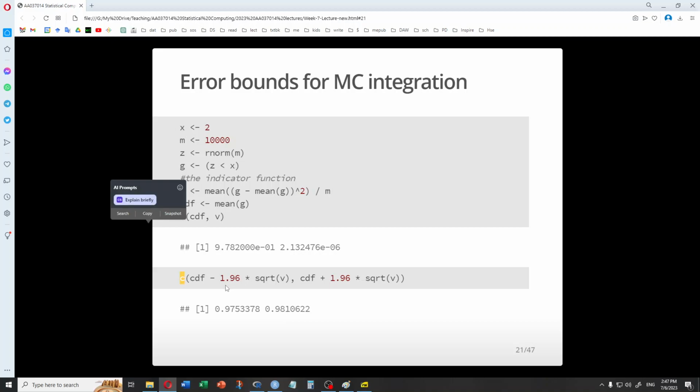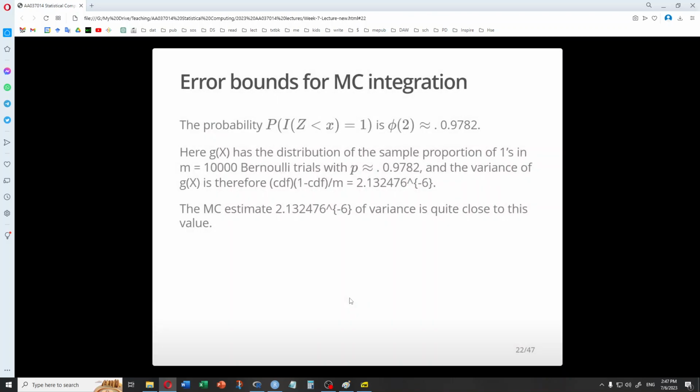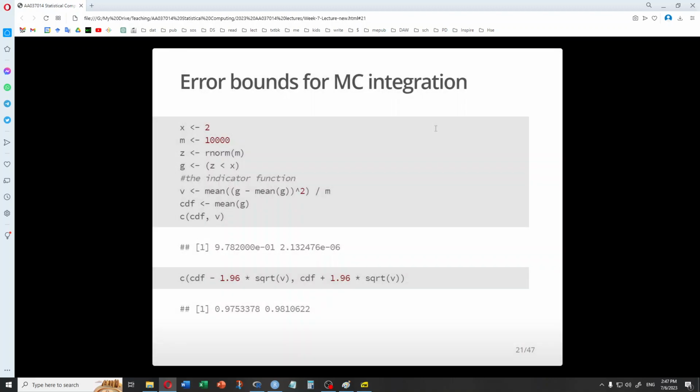And this is just a normal c function. Yeah, so this is c because you want to combine these two together into one line. Okay, so here the probability of the indicator variable z less than x equal to 1 is given by phi of 2, which is nearly 0.9782, which is 9782 over here, and this is given by the CDF, the mean of g that you get from here.